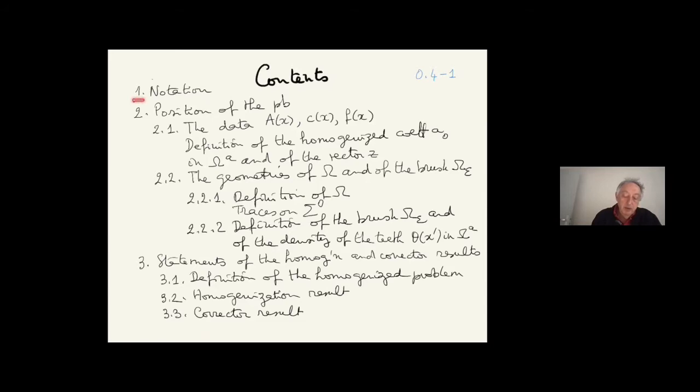I will begin with some notation. Then I will give the position of the problem, and in particular, I will describe the geometries of omega and of the brush omega epsilon. So this is the more specific part of the paper. Then I will give the statements of the homogenization and corrector result.